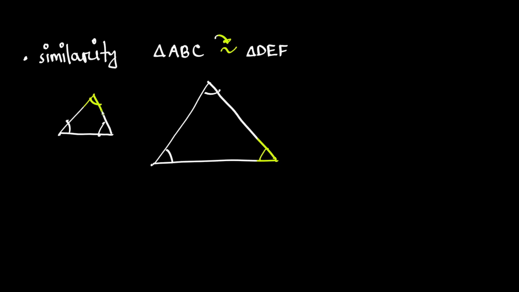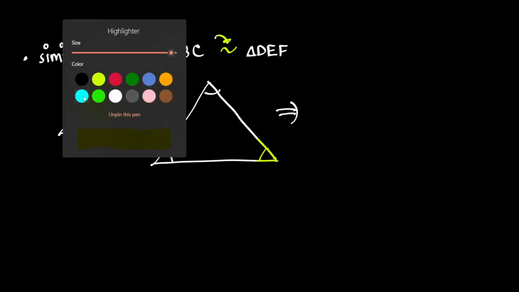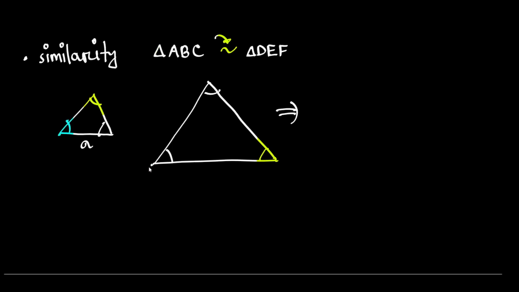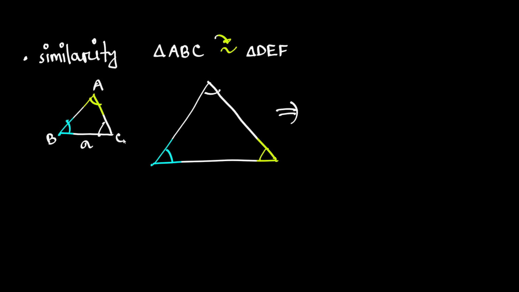In that case, let's say this is A, this is B, this is C. We said the side opposite to A is small a, the side opposite to B is small b, and the side opposite to C is small c, and the same is for here.